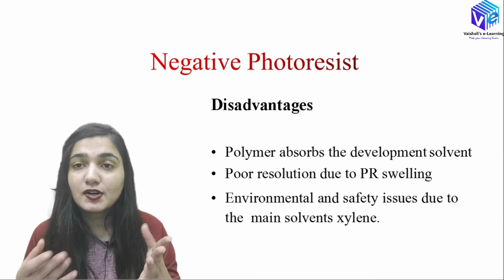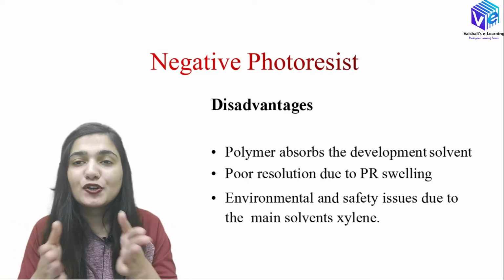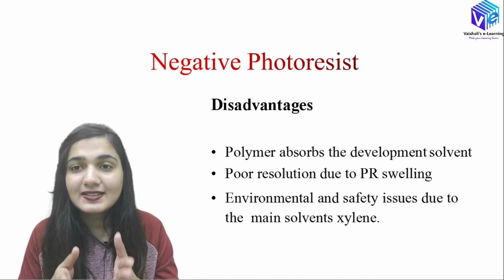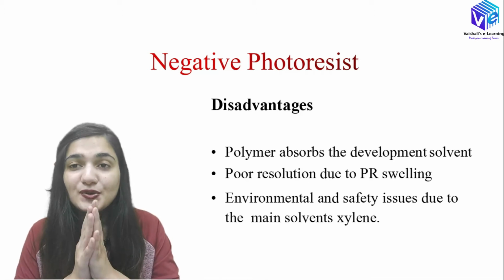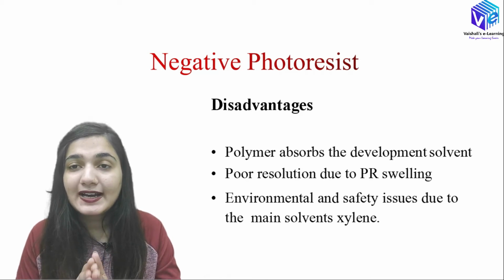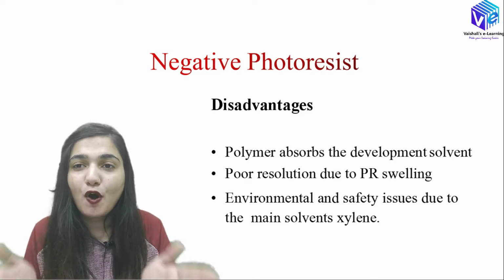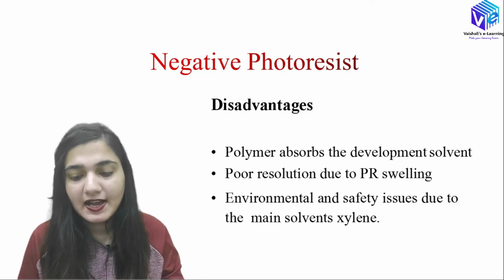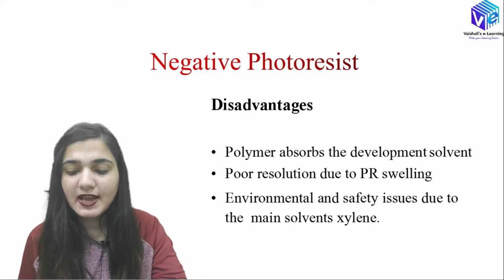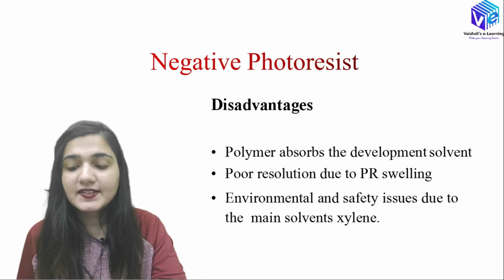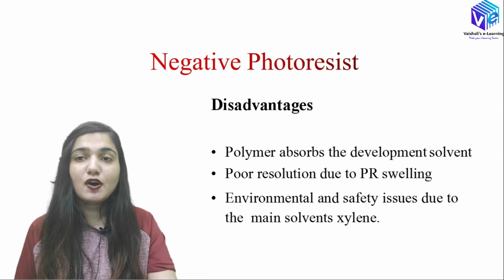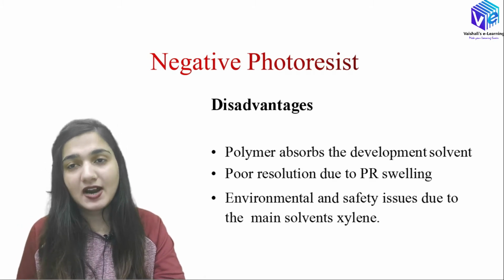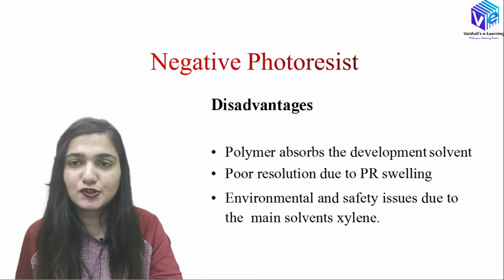If the photoresist is swelling, it will also occupy the actual masked region. So we are not getting exactly square type of bare mask, and we are not getting very high resolution in this process. Plus we have the environmental and safety issue due to the main solvent present here. The main solvent is xylene, which is hazardous, so we have safety issues here.